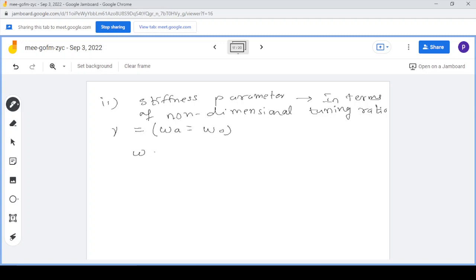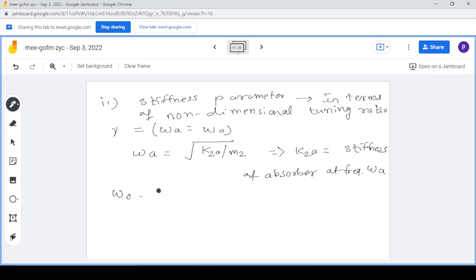And what is omega A? Omega A is equal to the square root of K2A divided by M2. What is K2A? K2A is the stiffness of the absorber at frequency omega A. And what is omega 0? It is equal to the square root of K1 upon M1 plus M2.